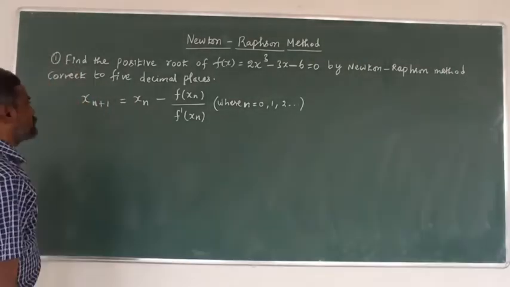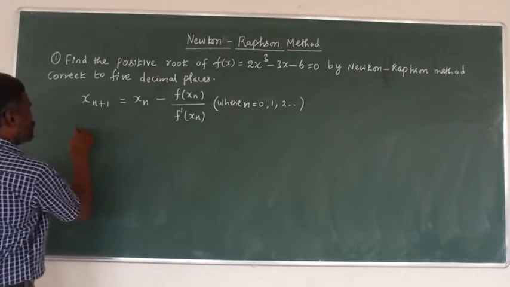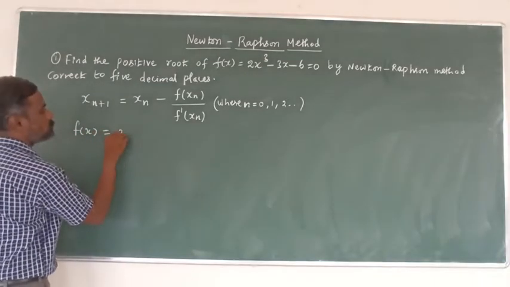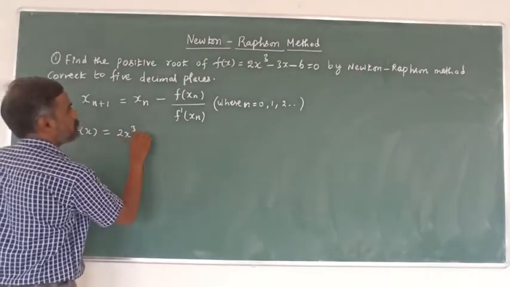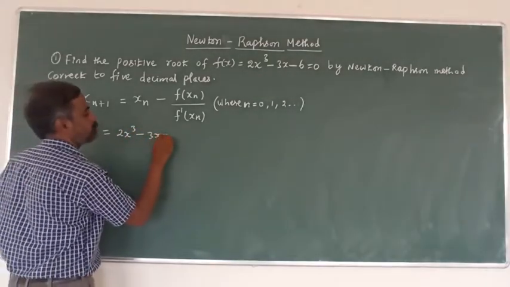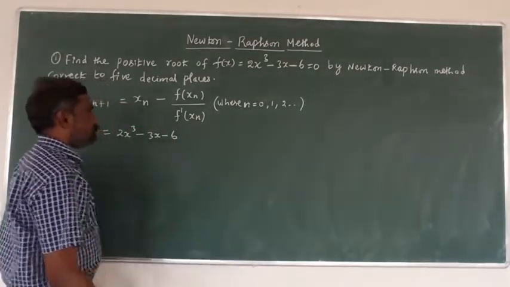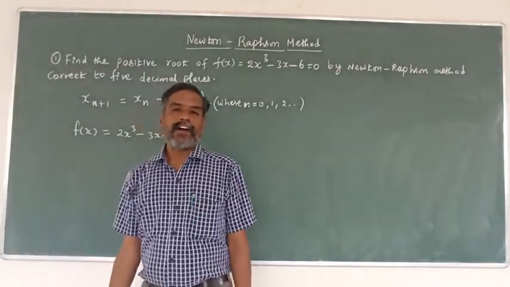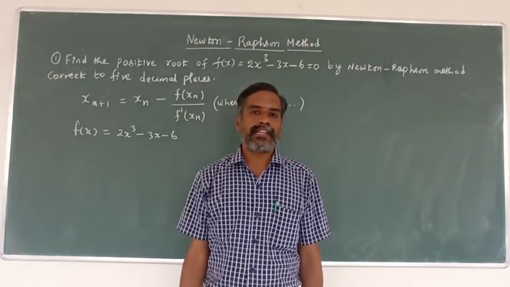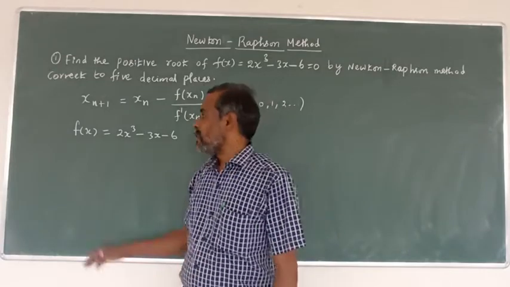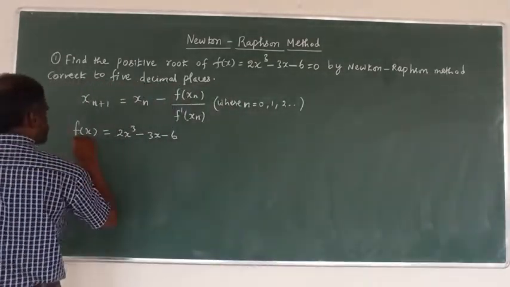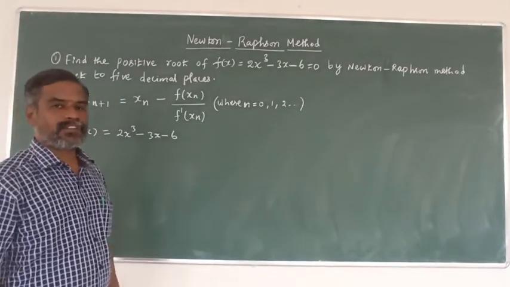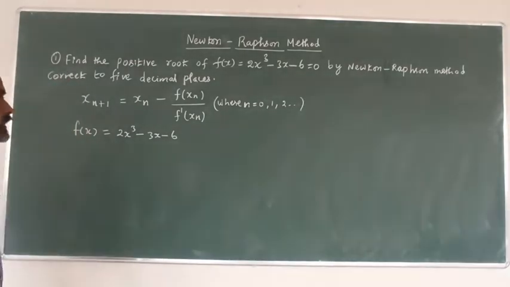First, the given f of x is equal to 2x cube minus 3x minus 6. First, we have to find one positive value and one negative value of f of x.